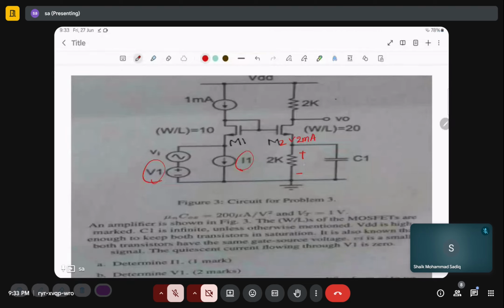The voltage across is 4 volts. So what is the relation between VGS and the 2 milliamp current?